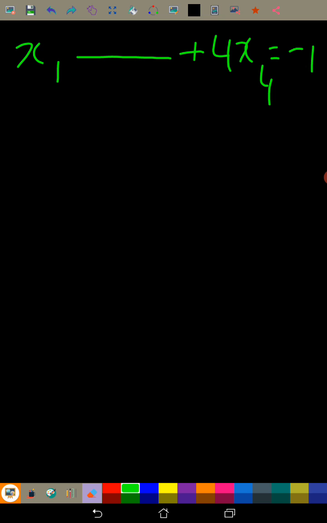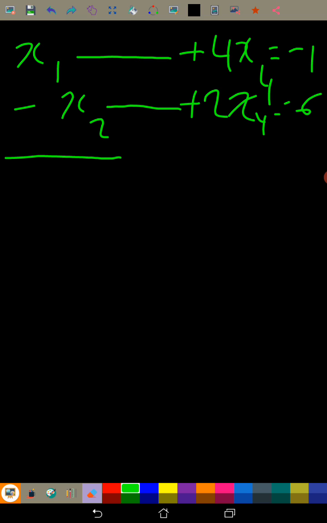Here we don't have anything. And then we have x2. Here we don't have x1. These are linear equations. And then we have 2x4 is equal to 6. And then we have nothing here, but we have x3 plus 3x4 is equal to 2.